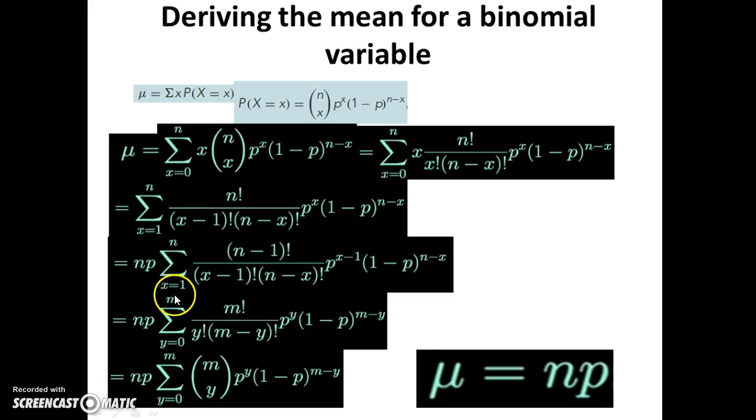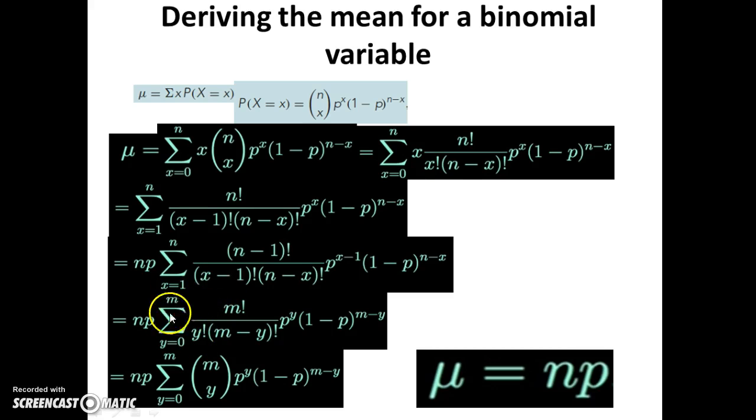And after I do that, because I have n minus 1 and x minus 1, I just define new variables. For n minus 1 I say m, and for x minus 1 I say y. I define new variables for these expressions.